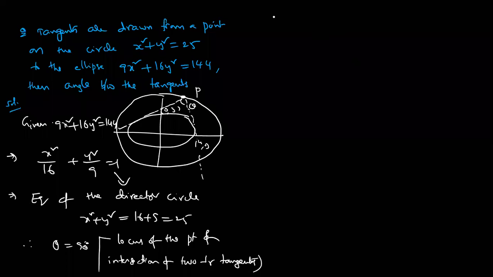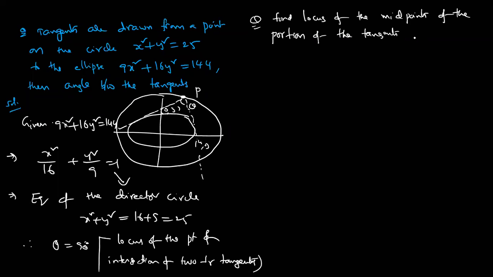Now, anyone, find the locus of the midpoints of the portion of the tangents to the ellipse intercepted between the axes.